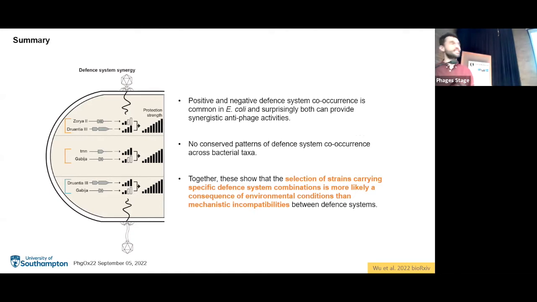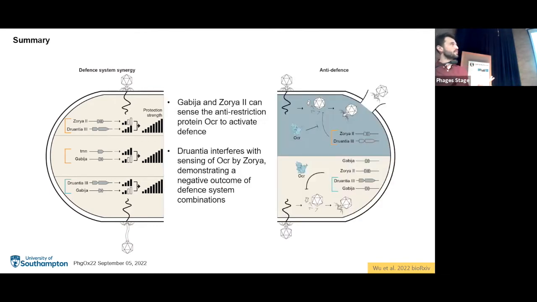I hope that I've convinced you that negative and positive interactions provide synergistic effects for antiphage activity, that these are not conserved along all taxa, and that some of these selective pressures are not because of mechanistic incompatibilities, but because of environmental conditions, as the panimmune model seems to suggest. I hope I was also able to demonstrate that anti-defense proteins do not always help phages overcome defense mechanisms, but sometimes are actually the cue that the bacteria use to target the phage.